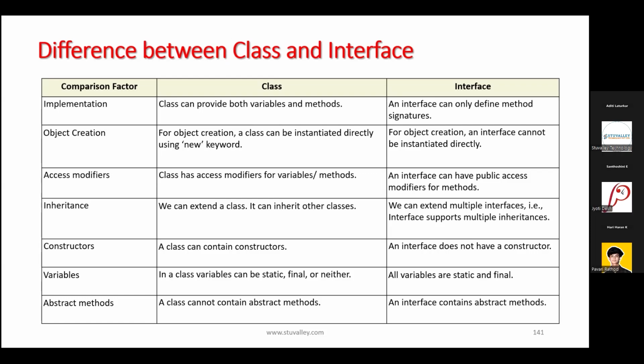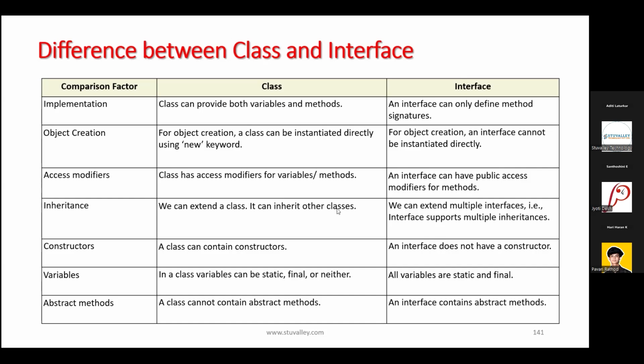But in an interface, we cannot create an object directly. We cannot instantiate it directly because you know the abstract class concept, right? We cannot create an object of an abstract class. Similarly, we cannot instantiate interfaces directly. A class has access modifiers for variables and methods, but an interface has the public access modifier by default for all the methods and variables.